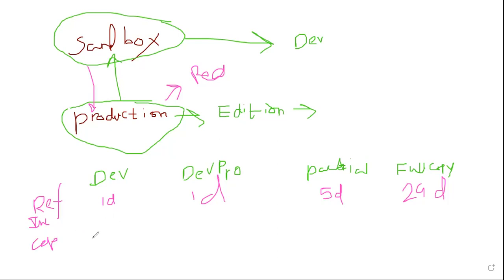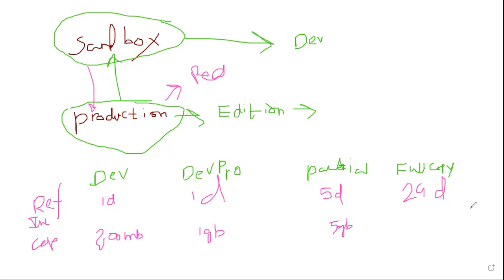Coming to this Developer edition, it's a very basic edition. Here we get storage of just 200 MB. For our pre-developer account also, we have storage of 200 MB only. Whereas coming to the Developer Pro edition, we have 1 GB of storage. And coming to the Partial Copy sandbox, we have a capacity of maximum 5 GB.